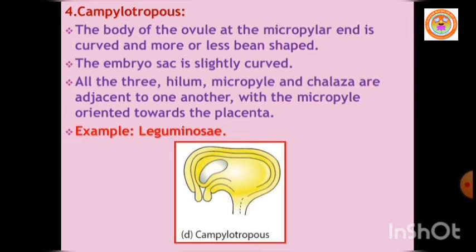The fourth type, campylotropous ovule. See the picture, it is totally different because the embryo sac is slightly curved. In this type of ovule, the body at the micropylar end is curved and shows a more or less bean-shaped structure.